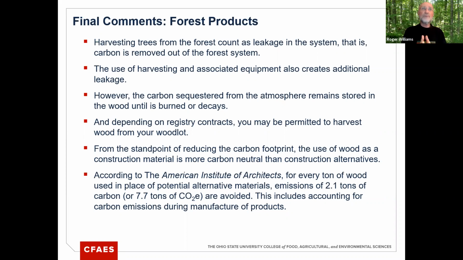Now, from the standpoint of reducing the carbon footprint, the use of wood as a construction material is more carbon neutral than construction alternatives. So, if you look at what the American Institute of Architects have published on their analysis of this, they have reported that for every ton of wood used in place of potential alternative materials, emissions of 2.1 tons of carbon or 7.7 tons of carbon dioxide equivalents, right?